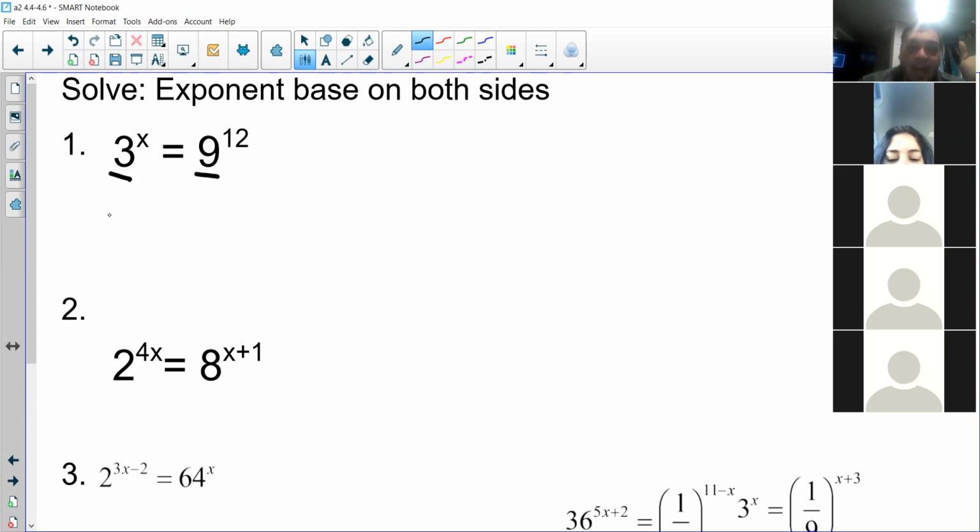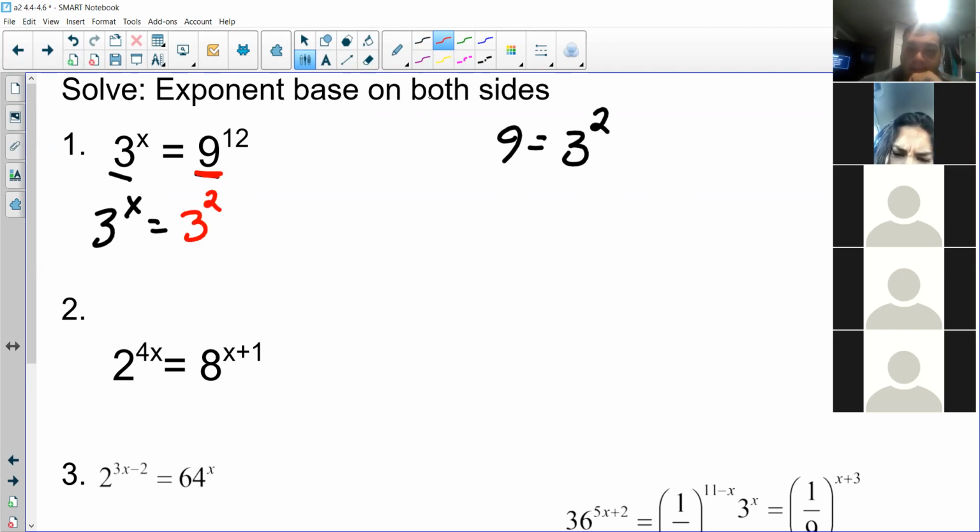I could rewrite 9 as 3 to the second power, or 3 times 3, as Mariah mentioned. So 3 to the x will be on the left, normal. But on the right side, I'm changing my 9 into 3 squared.